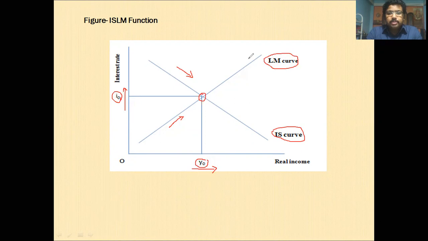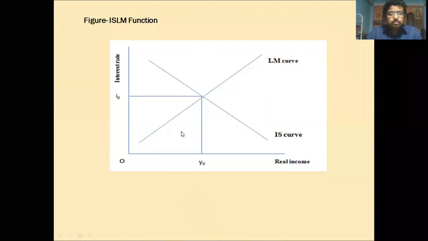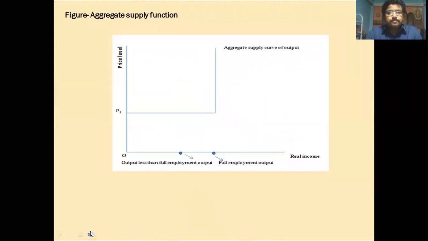Now I am erasing all this marking. Look, the aggregate supply function. This figure represents the aggregate supply curve of output.